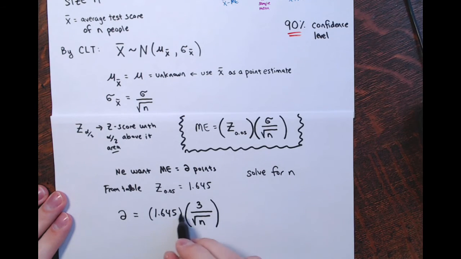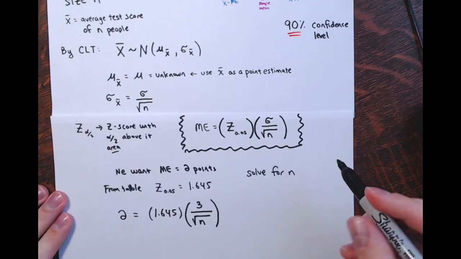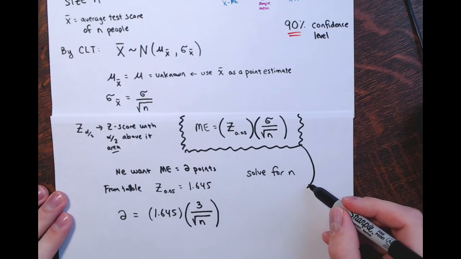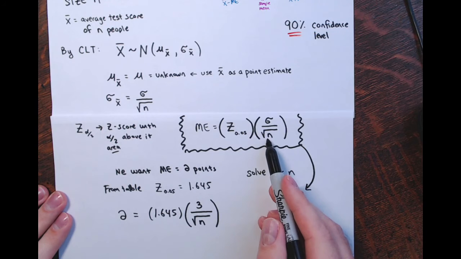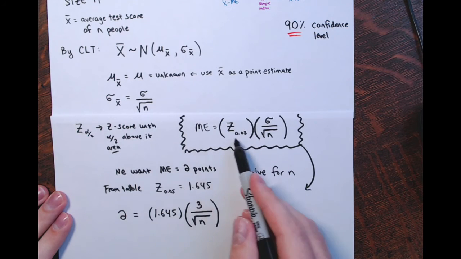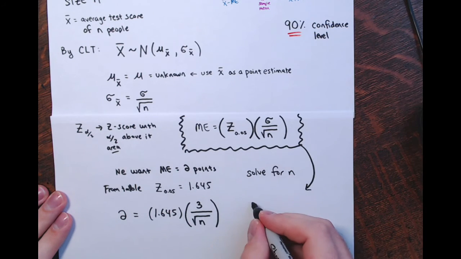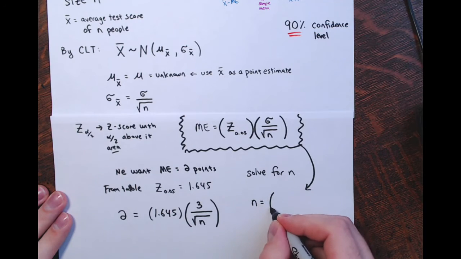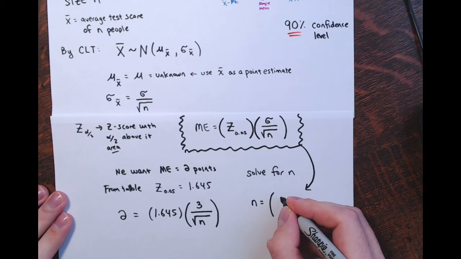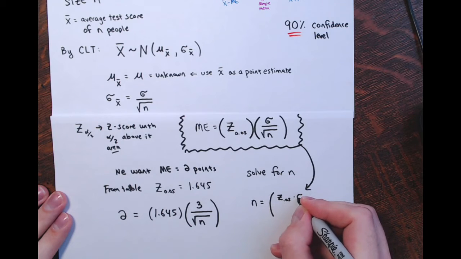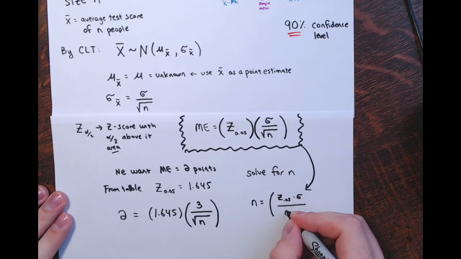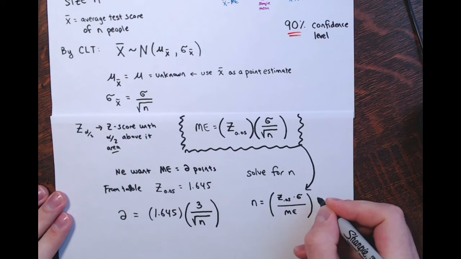If I take this formula and solve for n, you can multiply by the square root of n, divide by the margin of error, and then square both sides. You'd have n equals the z-score times sigma divided by the margin of error, and then all of that squared.